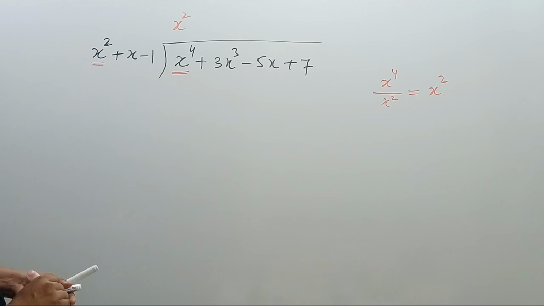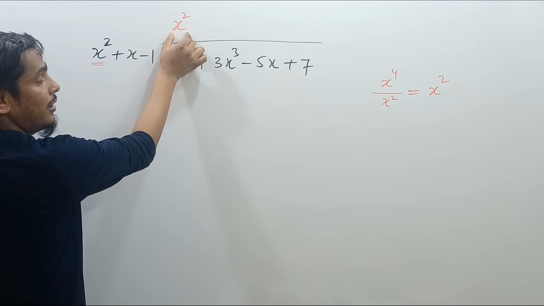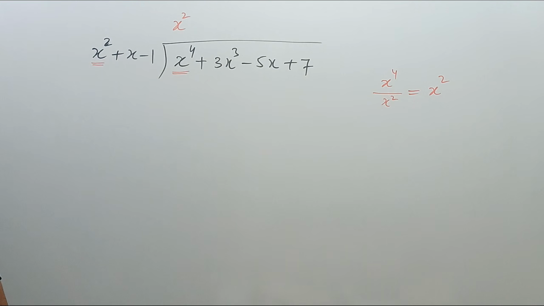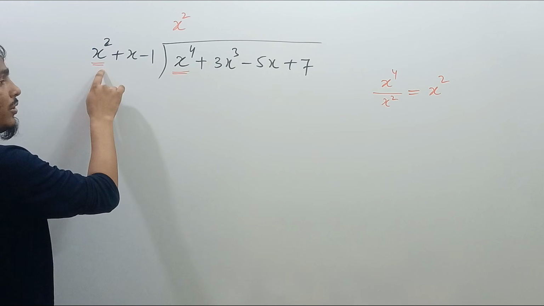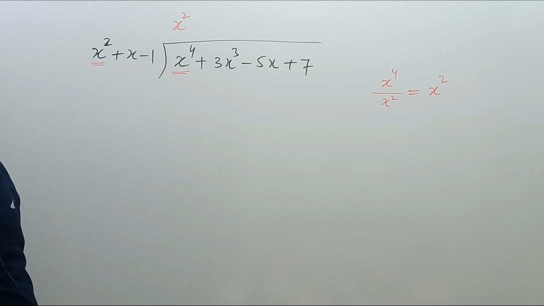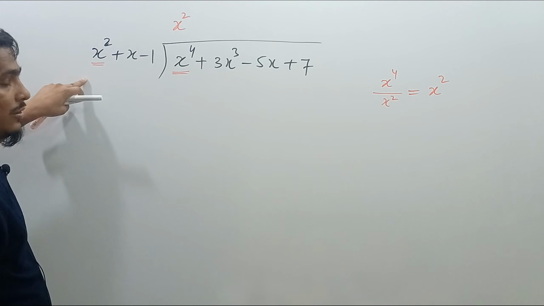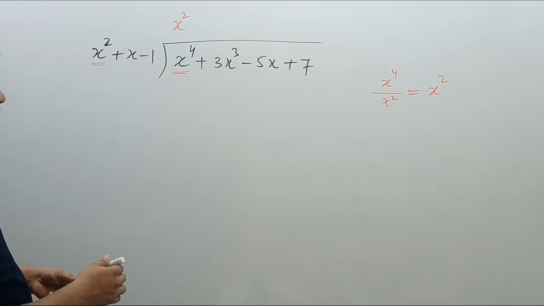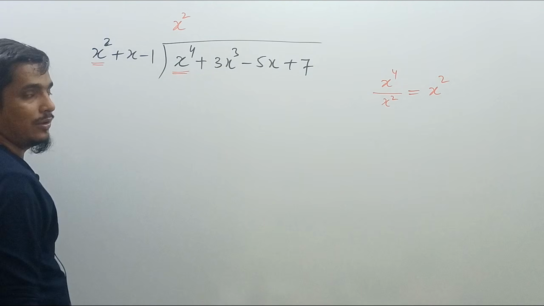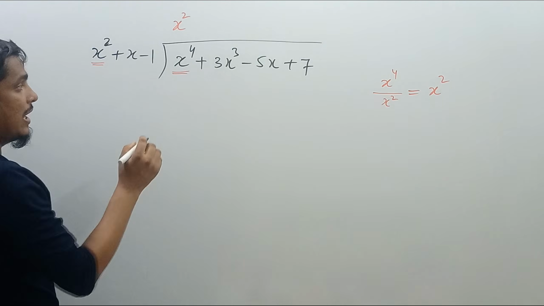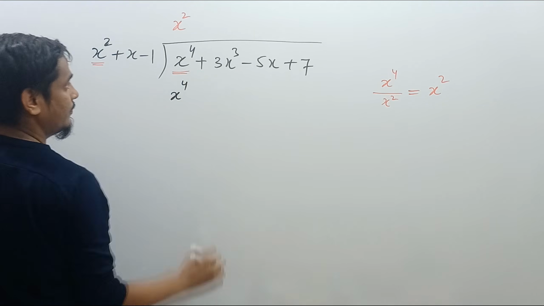Now once we have got this x square, it is going to be multiplied by this divisor, which is a trinomial quadratic. It means this x square is going to multiply with all of these three terms, and we need to write that down below this dividend. So once we multiply x square by x square, it is going to give us x to the power of 4.